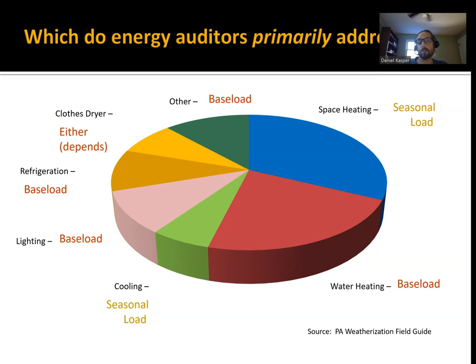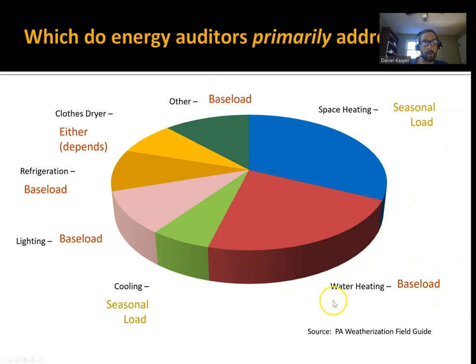And as an energy auditor, we address all of them. So again, with energy auditing, you're looking at all the energy used in a building, whether it's a seasonal load or base load, and you do an analysis to figure out, okay, what's our base load here. You're certainly looking at seasonal loads because heating and cooling costs are a major part of a utility bill, and often those are recommendations that you can make as an energy auditor.